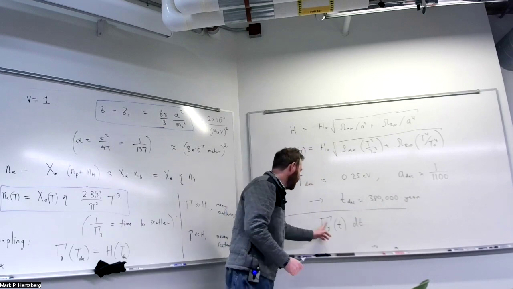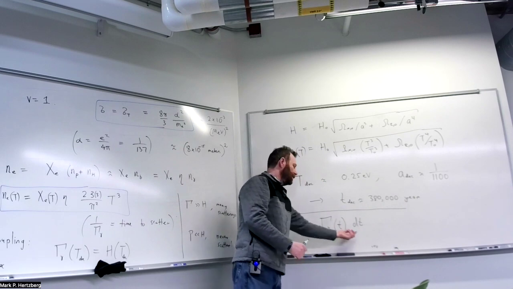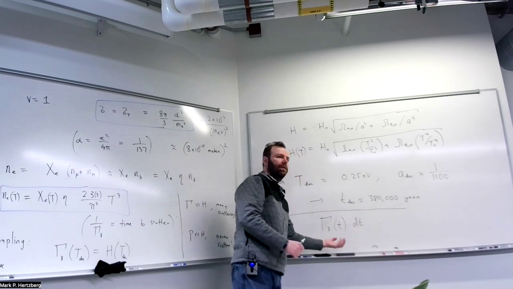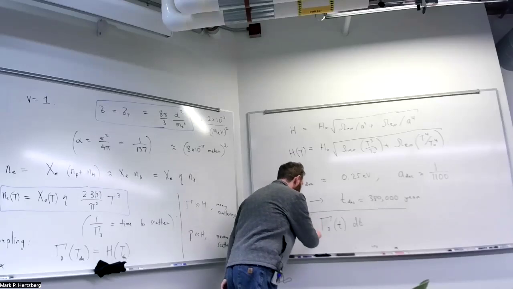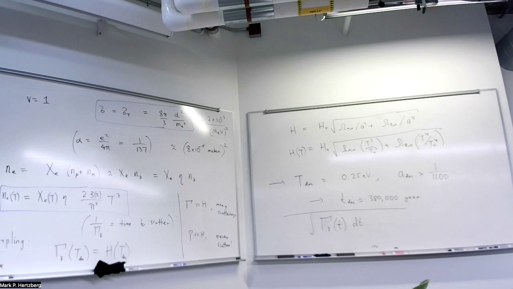The rate of scattering times dt is the number of scatters that you have in time dt. So if you integrate this over some interval of time, that's the expected number of scatters you would have in that interval, the average, and the fluctuations.